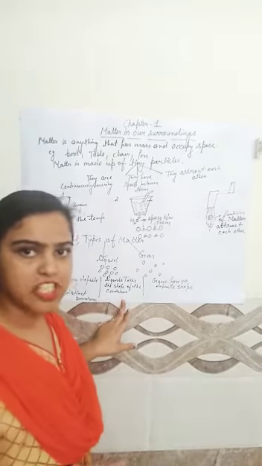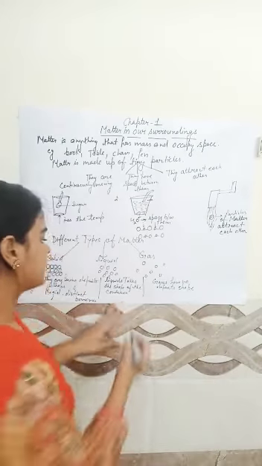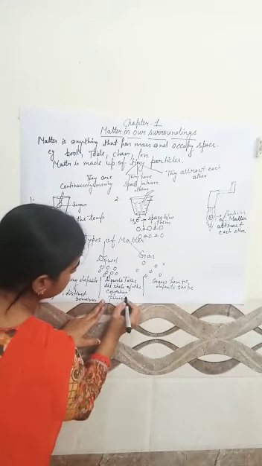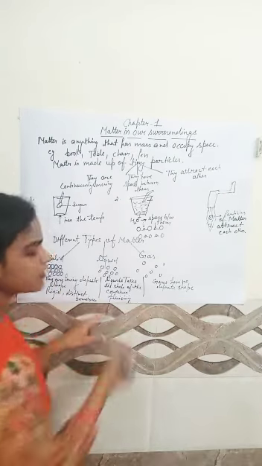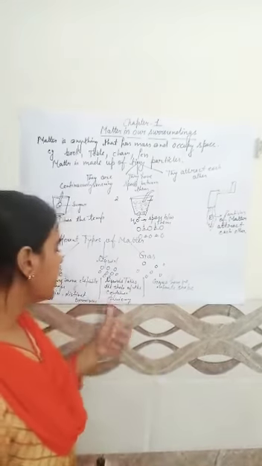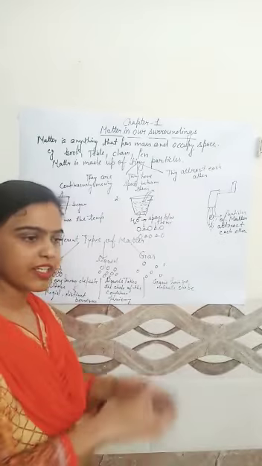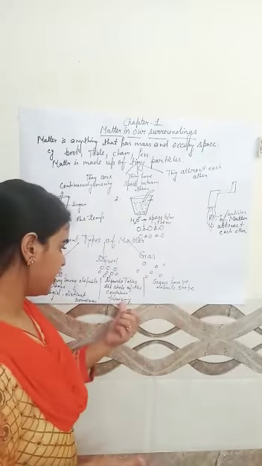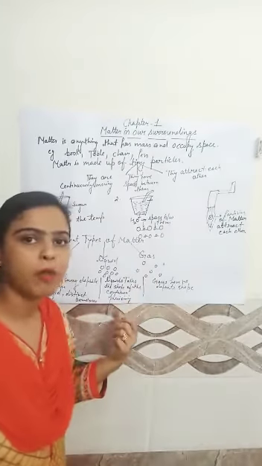Liquids take the shape of the container in which they are placed. They possess fluidity. Fluidity means they can flow. If we place a liquid in a container, it takes the shape of the container, and it possesses the property of fluidity.